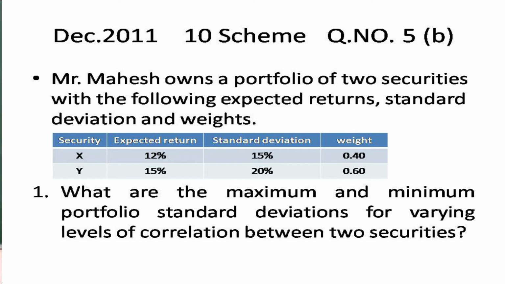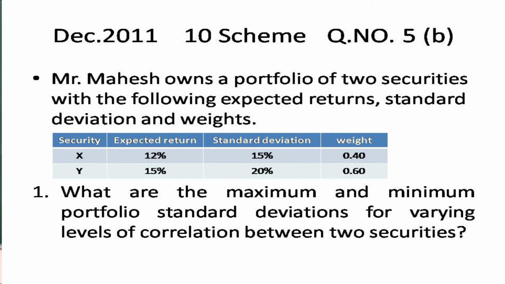Mr. Mahesh owns a portfolio of 2 securities with the following expected returns, standard deviations and weights. They have given the table, they have given 4 columns: securities, expected return, standard deviation and weight.